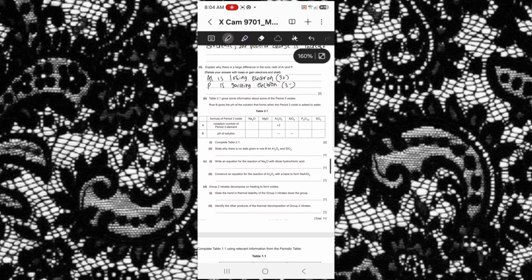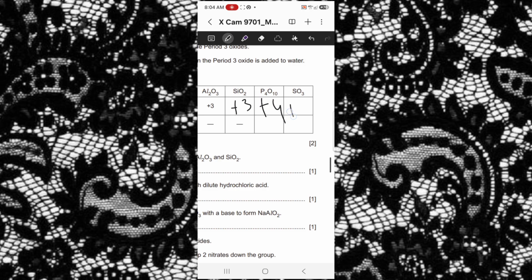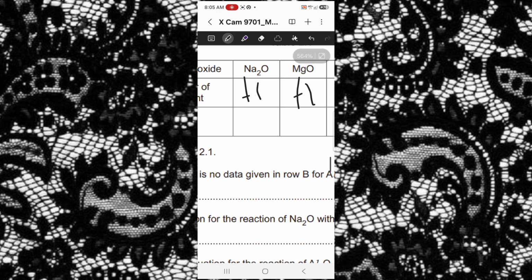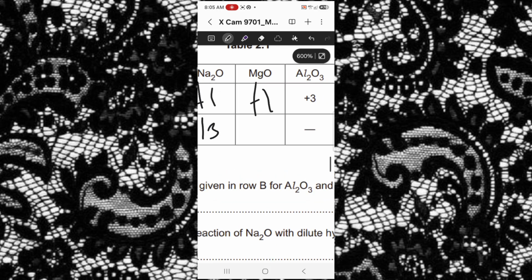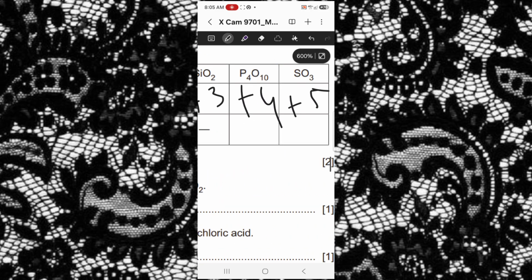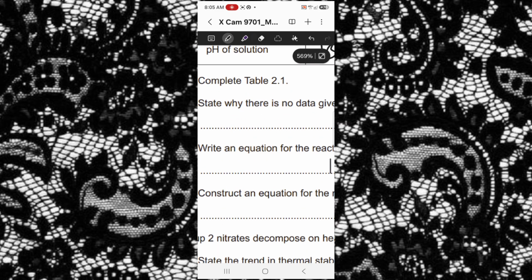And next, oxidation number of period 3 elements. So this is +1, this is +2, +3, +4, +5. And then the pH of solution, this might be 13, and this might be 9 or 10. Okay, we're going to skip this, and this might be 1 and this might be 2. State why there is no data given in row B for Al2O3 and SiO2: because they are insoluble.